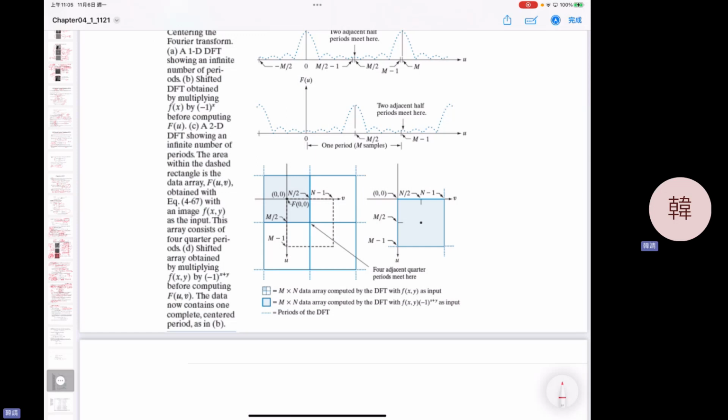At the zero point, it has the highest value, and it becomes a sinusoid. As x increases, the denominator becomes larger, so the size becomes smaller until it reaches 0.